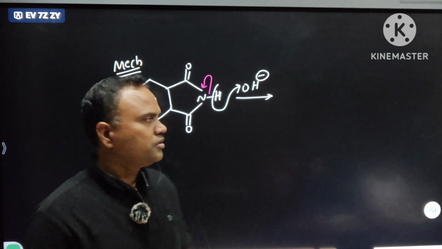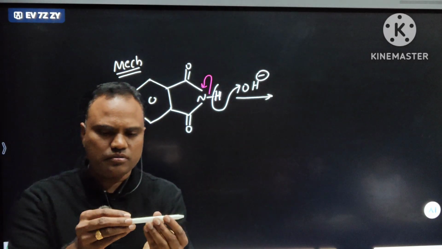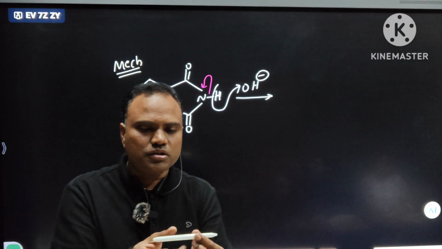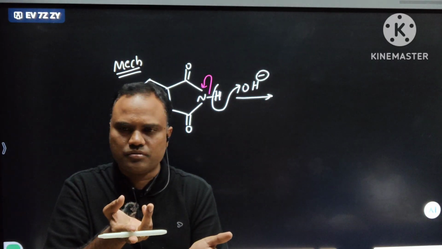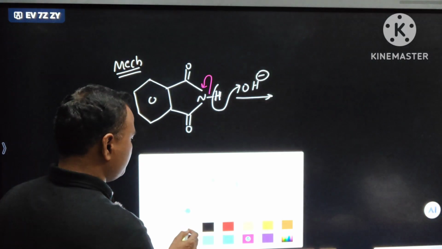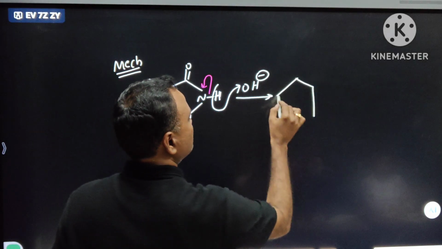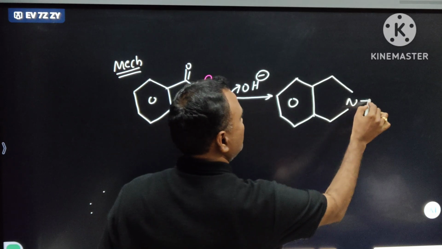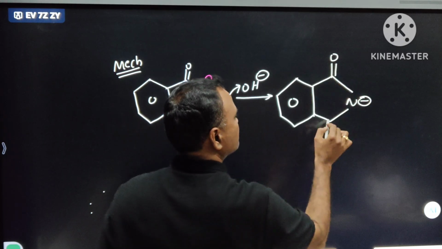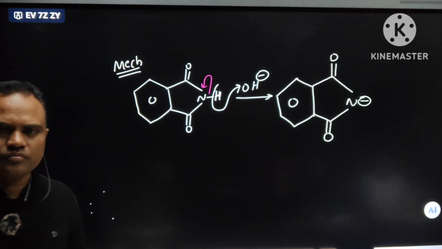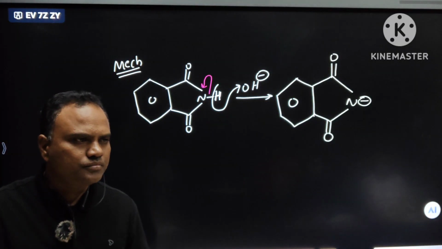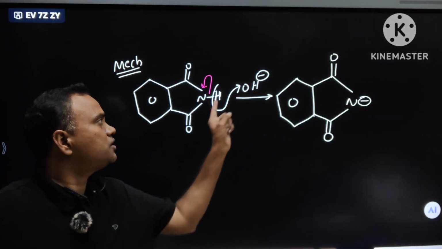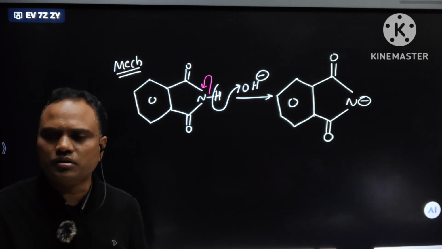Clear? The nitrogen-hydrogen bond is there. Hydrogen leaves without a bonded electron, and this bonded electron shifts onto the nitrogen atom, giving nitrogen with a negative charge. OH minus and H plus are eliminated as water.